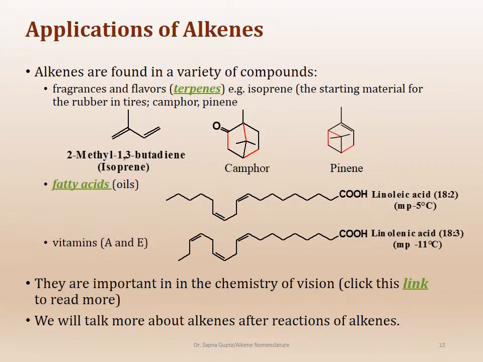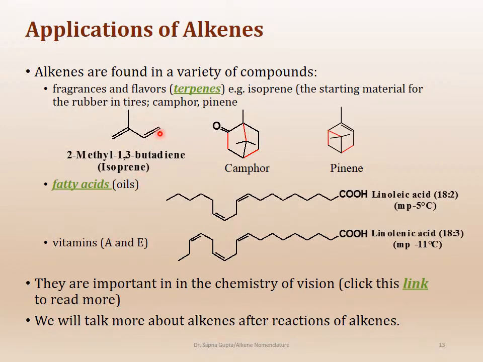Here the first type of alkenes to talk about are the ones that smell, in fragrances and flavors. These are called terpenes, and terpenes have a structure with dienes and a 5 carbon skeleton: 1, 2, 3, 4, and then the fifth one coming out from there.